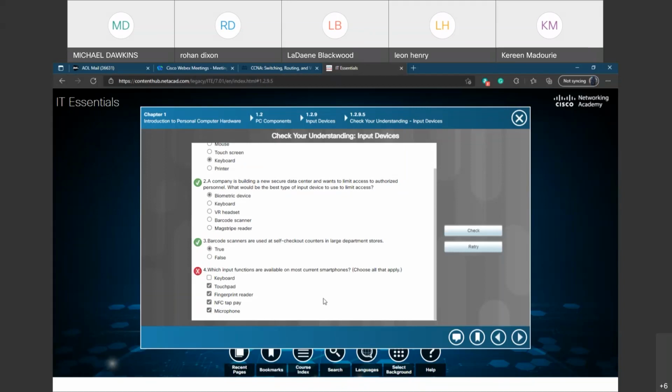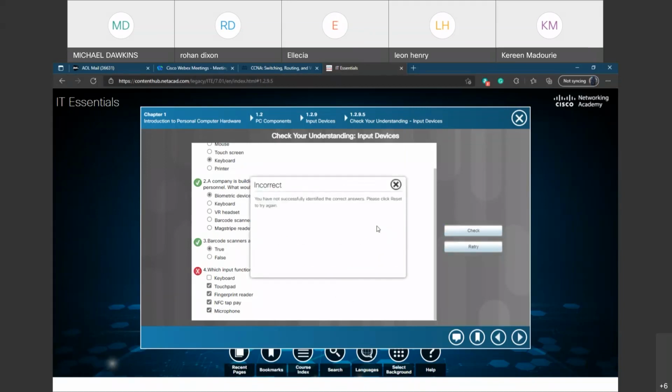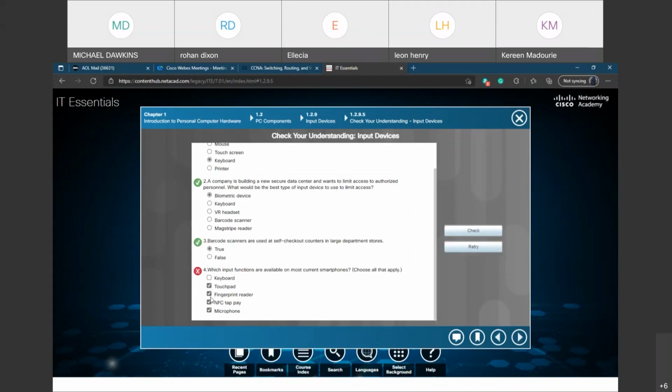And you have a microphone. Microphone, yes. You have not successfully answered, there is still one more there. The near field is not supposed to be in there. Near field tap to pay is not an input device. Anybody else have any other suggestion? Let's just check.